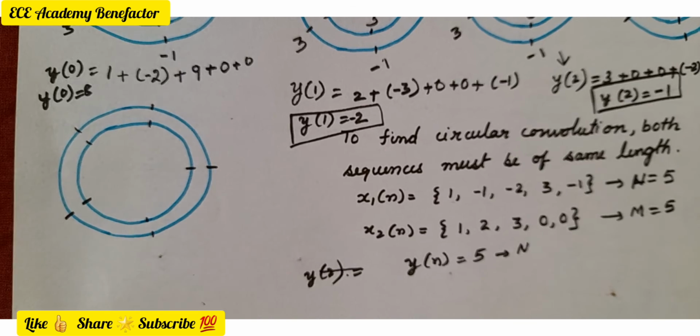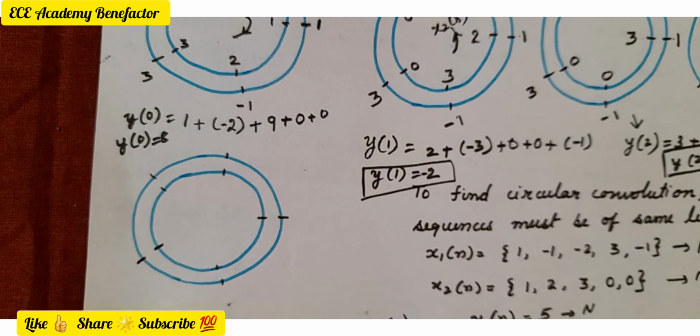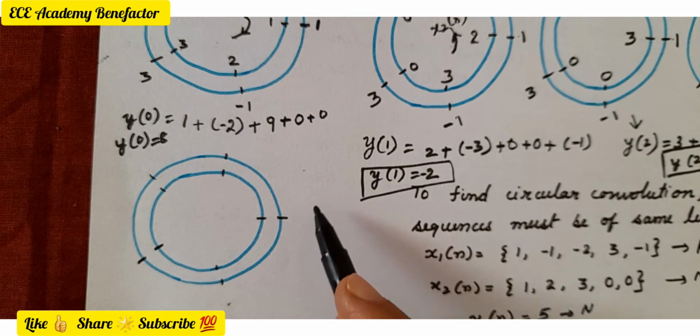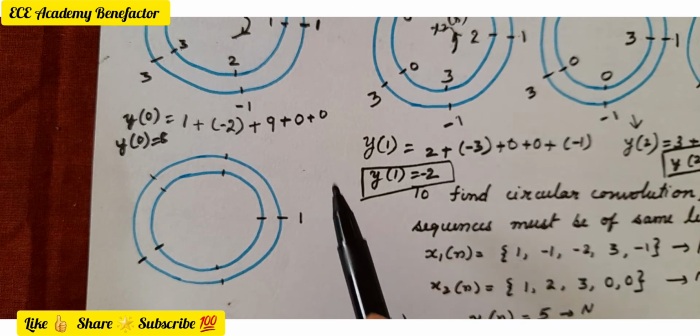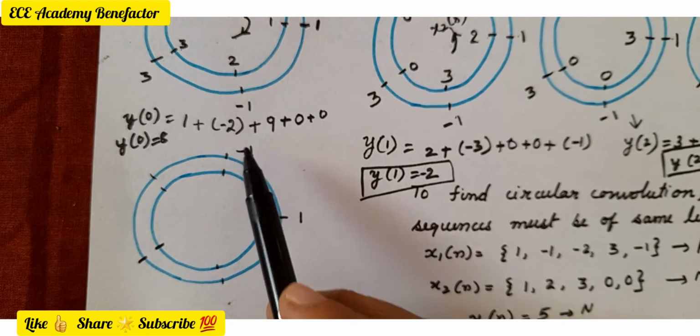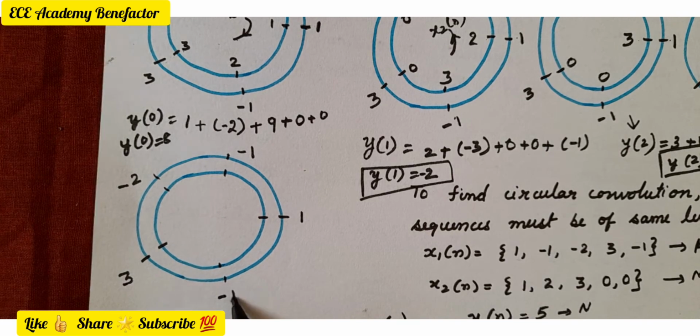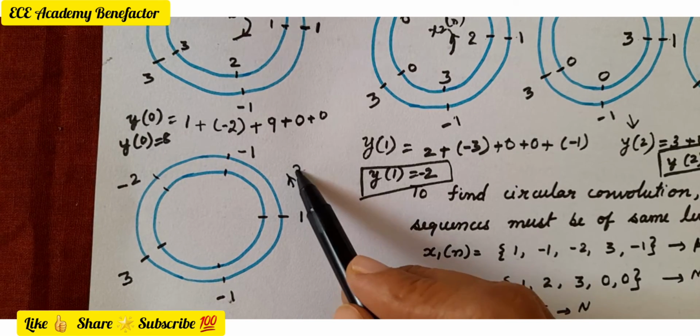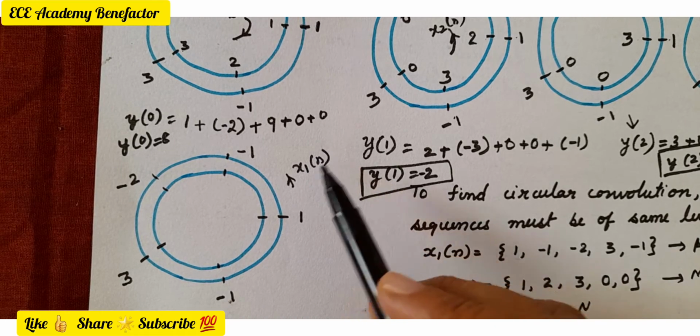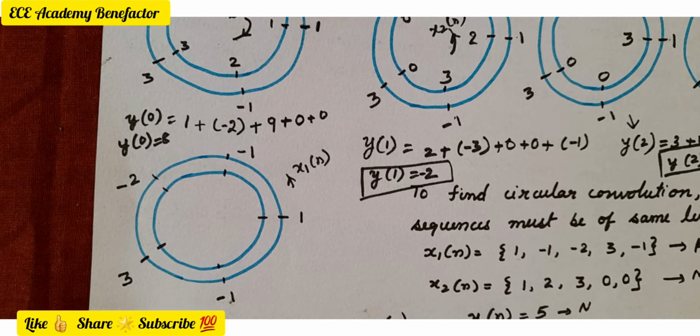y of 3. So for y of 3, the step is to plot x1 of n on the outer circle: 1, minus 1, minus 2, 3, minus 1. We have plotted x1 of n on the outer circle in anti-clockwise direction.